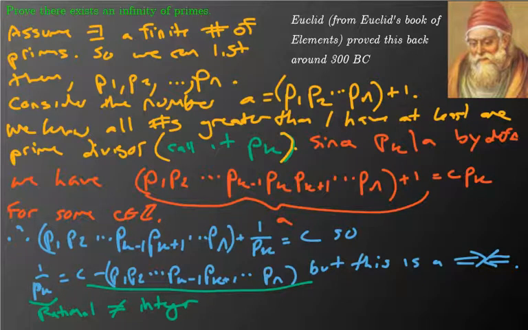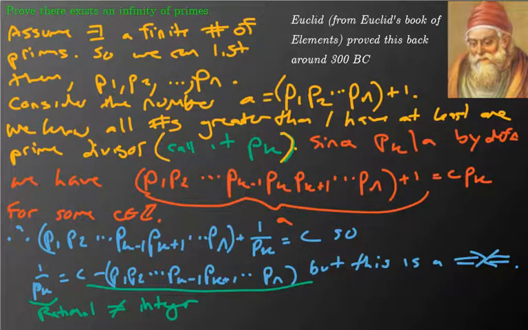Again, I've run out of room, which is unfortunate, but proofs sometimes take a little while. But the idea is we've come up with, following the assumption that there's a finite number of primes, that a rational number basically equals an integer, but we know that can't happen.